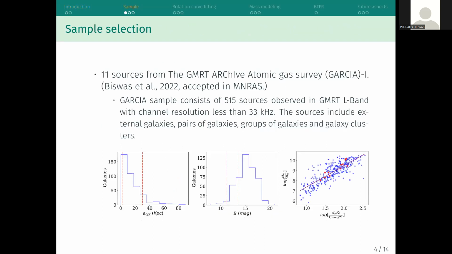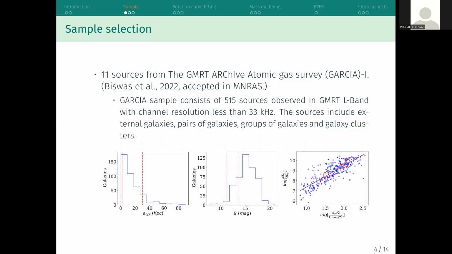So for our study, we selected 11 sources from the GMRT Archive Atomic Gas Survey, Garcia, where we have presented 515 sources observed in the GMRT L band with channel resolution less than 33 kilohertz, so that they have been observed in the spectral line mode, which ensures that their kinematical modeling can be done satisfactorily.